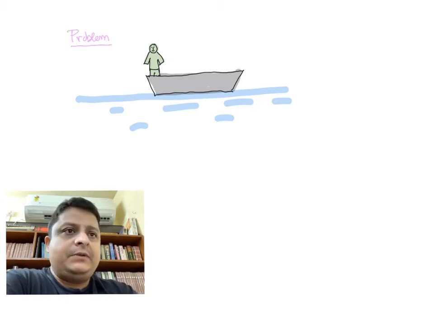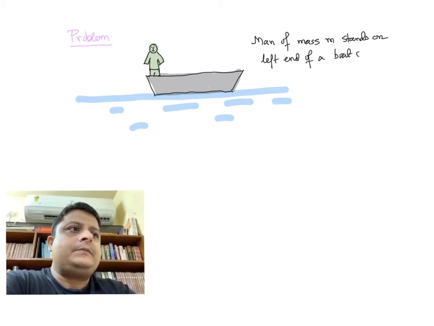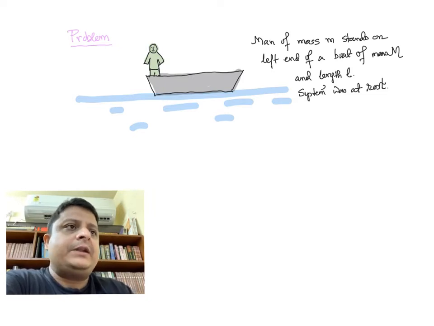So the problem is that a man of mass small m stands on the left end of a boat of mass capital M and length L. Now the system was at rest. I mean, both the boat and the man were at rest.